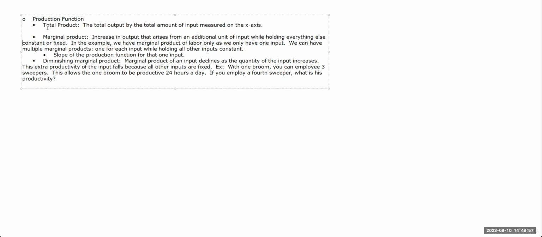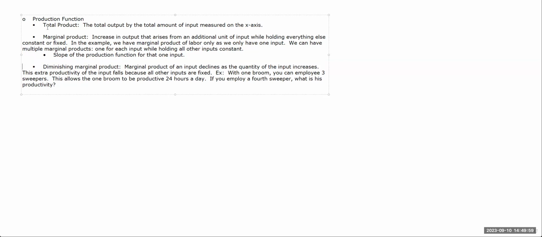Okay. Total product is the total output by the total amount of input measured on the x-axis. Meaning, what do I mean by that? It's a weird way of saying, if you hire 1 guy, what was the total product? I believe it was 10. 2 guys, 17. 3 guys was 22. That's the total output. Total product is total output.